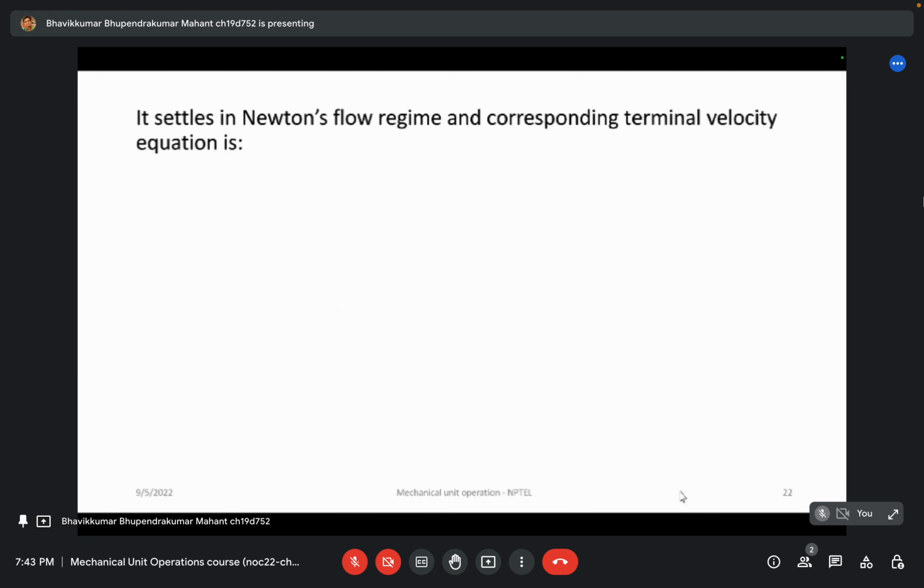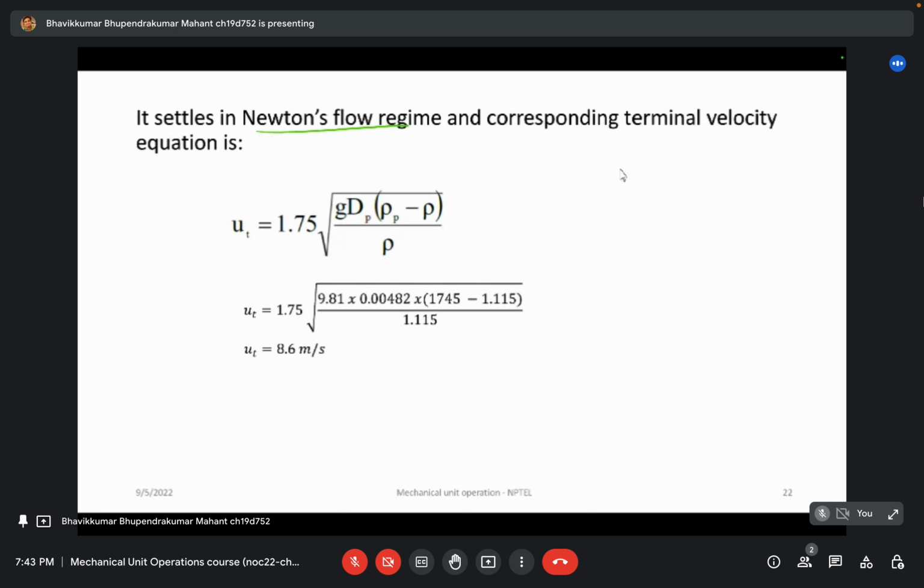It settles in the Newton's law regime, which you need to understand first before further calculation, and that's why we follow the terminal velocity equation for the Newton's law regime. Ut is equal to 1.75 under root g dp (rho p minus rho) divided by rho. Now if you substitute the values in this equation, you will get the terminal settling velocity ut as 8.6 meter per second.